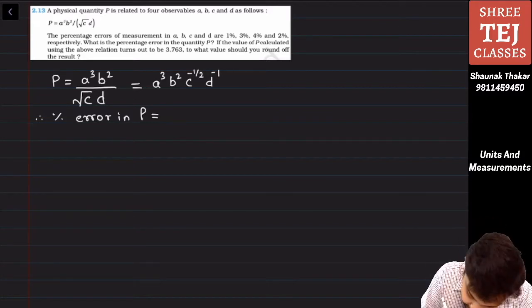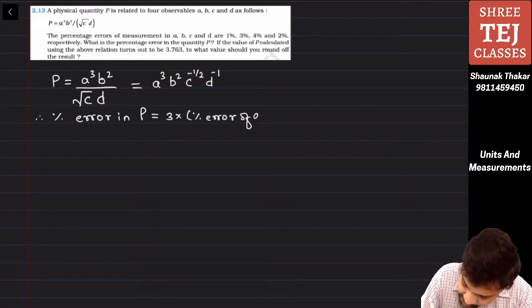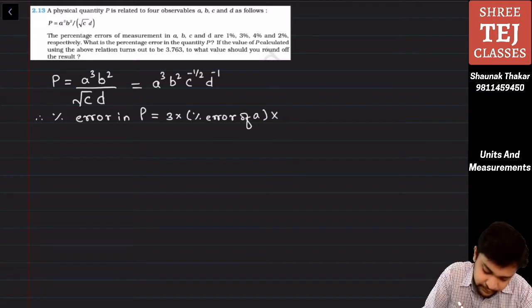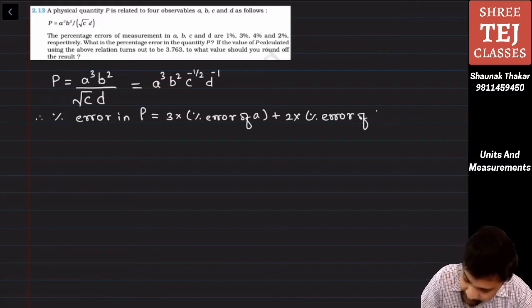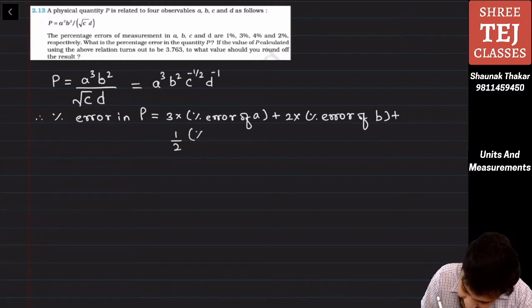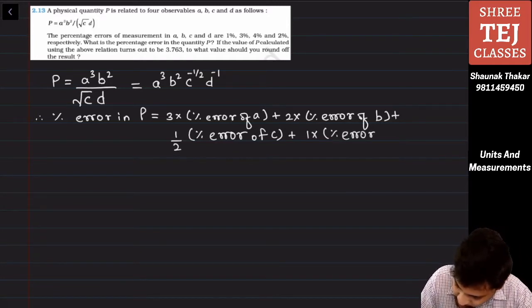It will be 3 into percentage error of A plus 2 into percentage error of B plus 1 by 2 into percentage error of C plus 1 into percentage error of D.